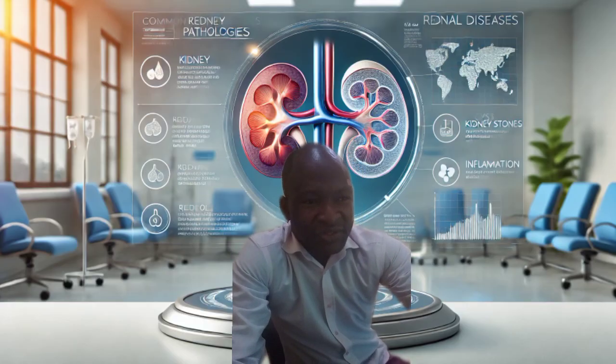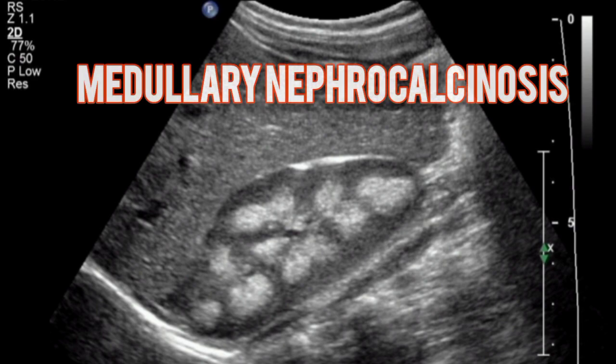Whereas in medullary nephrocalcinosis, the sonographic appearance is usually seen diffusely throughout the kidney. The renal pyramids appear more echogenic than the adjacent cortex.